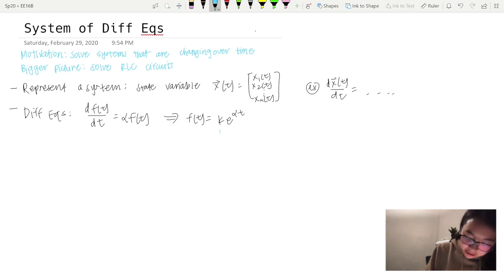And this k right here is just the initial condition. So it's basically a constant, but you solve for it by considering the initial condition.